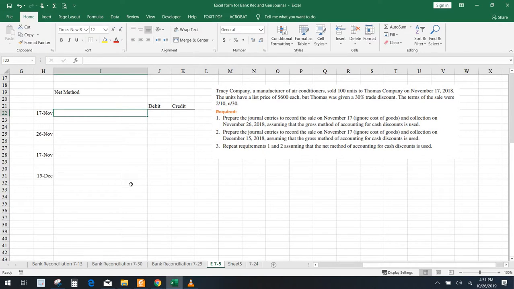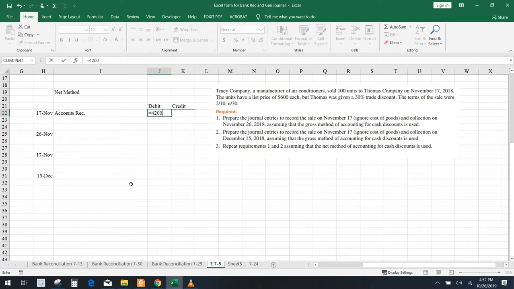So we record the transaction, accounts receivable, debit, and that equals the same 42,000, except we're going to assume they get the discount, so it's only going to be 98% of that. And then the sales is the same amount.